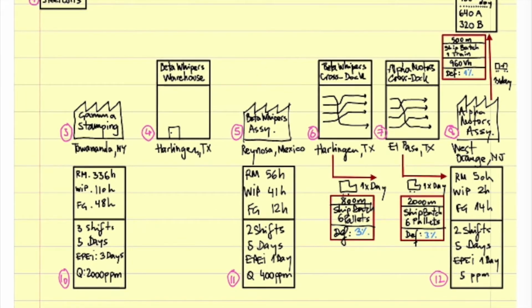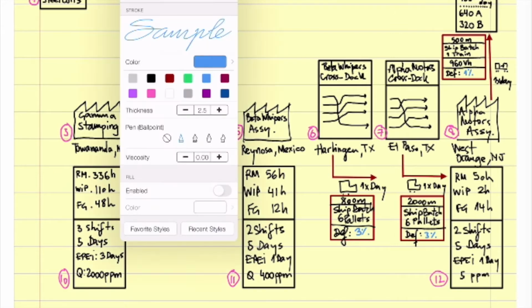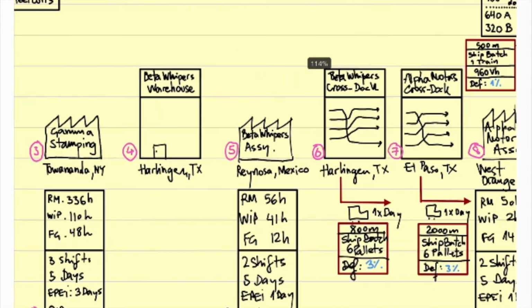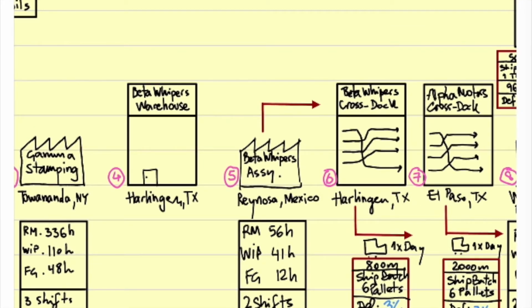So we go on. That's from the Harlingen to El Paso, and we go on with the thing, and here from Beta Wipers assembly to the Beta Wipers crossdock. We have also every day with truck.